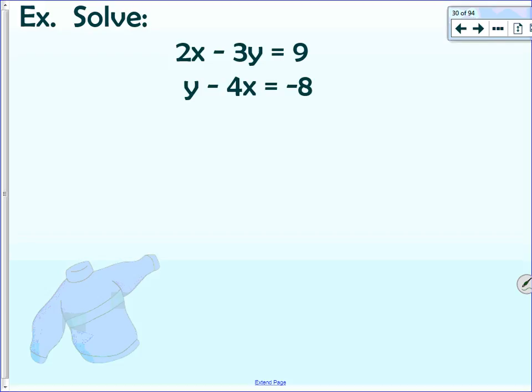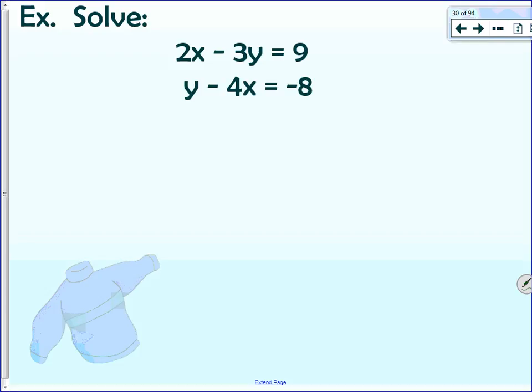Do we have to solve for a variable? Okay, can we substitute without... yes, go ahead, CJ. All you have to do is solve for one of them, right? Get one variable alone for one of them, and then plug it in. Okay, so you have to solve for one of the variables.